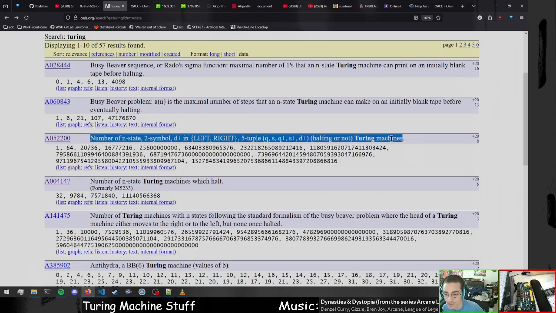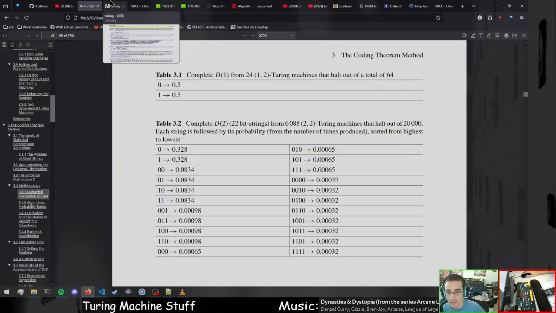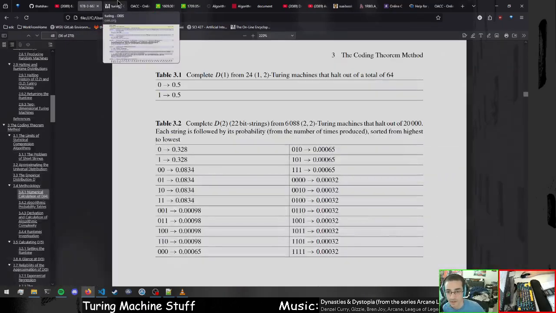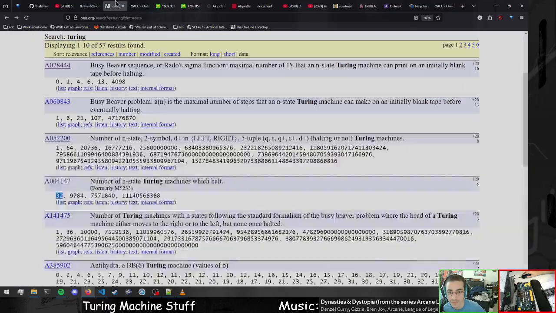But anyways, they did get this correct. They said there's 24 that halt. But there's actually 32 of them that halt.